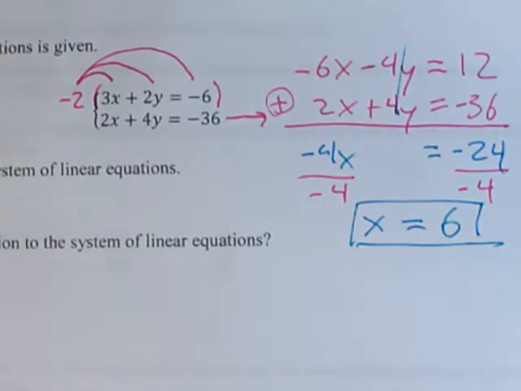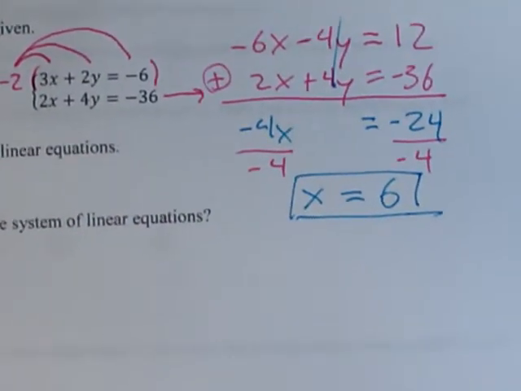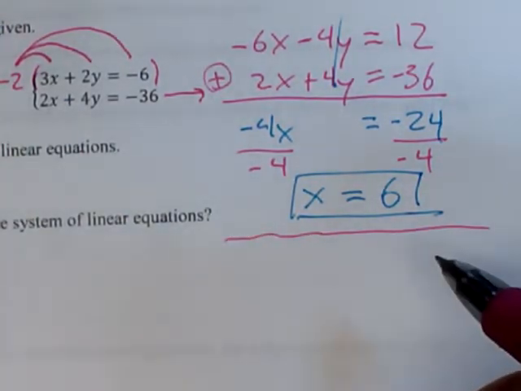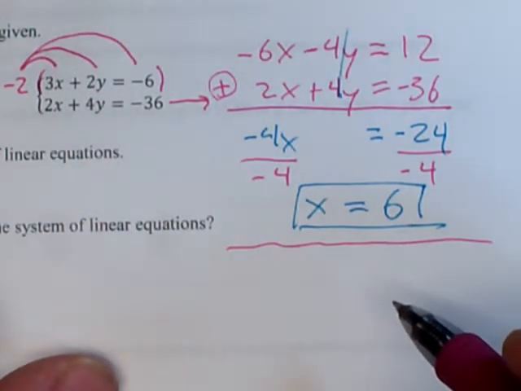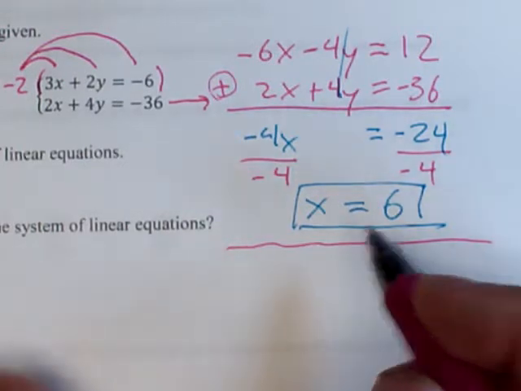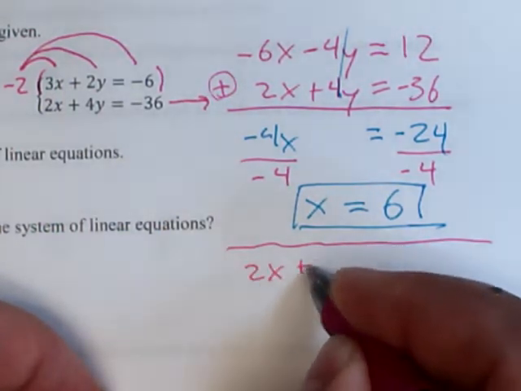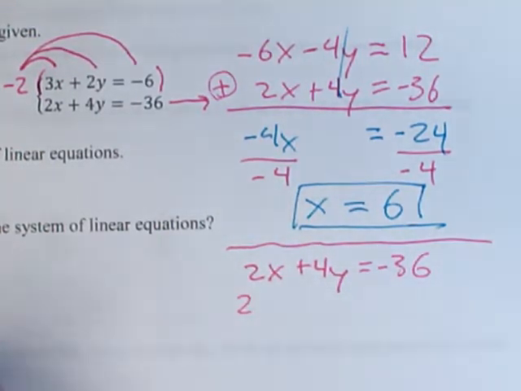Okay, so it's looking like answer choice D is correct, but there's no way to really check this without also finding y, so I'm just going to go through that. Since I have x, I can solve for y. I can pick either one of these originals. I'm going to go for the second one. So the second one is 2x plus 4y equals negative 36. But instead of x, I'm going to put in 6.